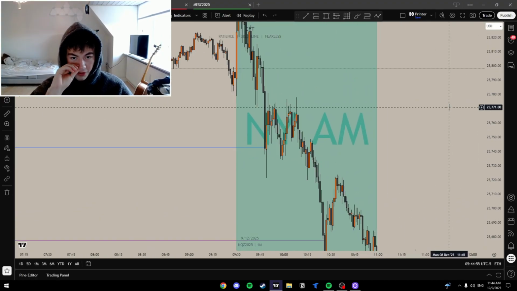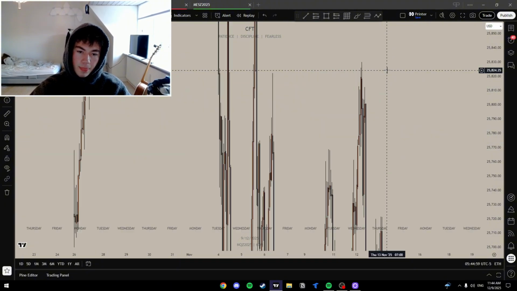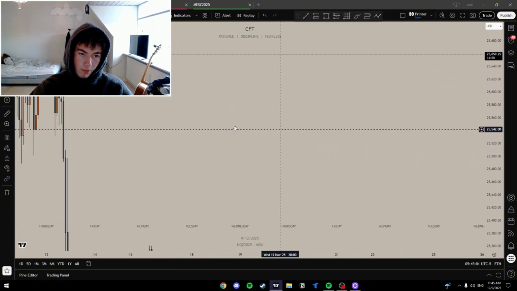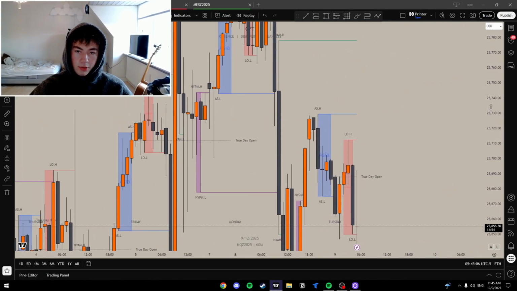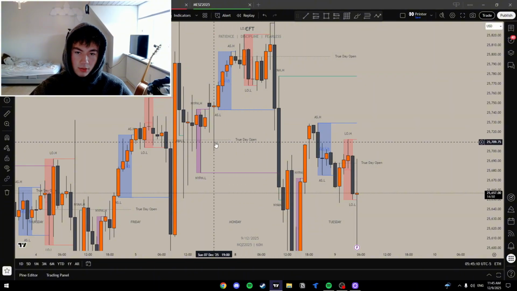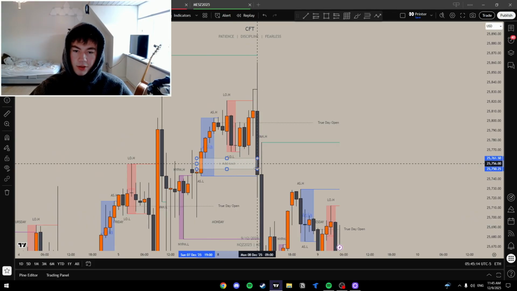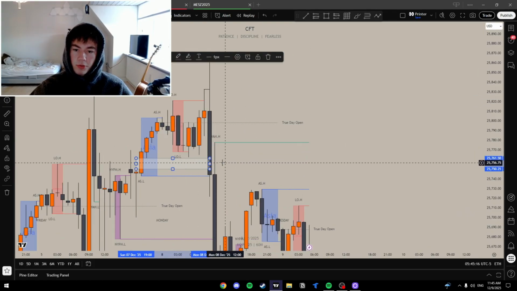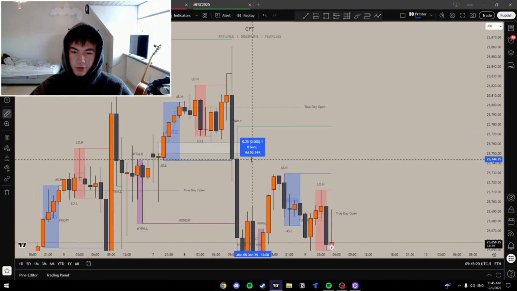Now, when do I flip my bias from being bullish to being bearish? When I see fair value gaps get disrespected. Look at this, yesterday. We had this fair value gap where I initially wanted longs from, but as you can see, we disrespected it and we closed under it.